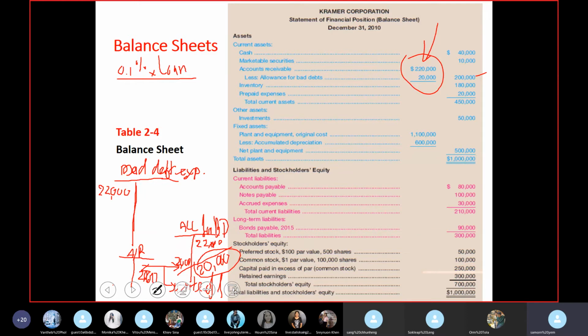The net account receivable means the account that the company expects it can collect from the debtors, only 200,000. This is the net account receivable.